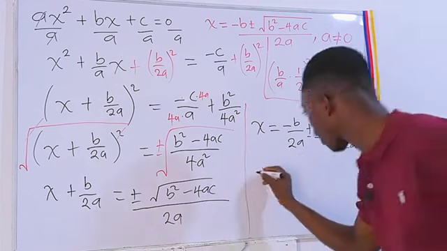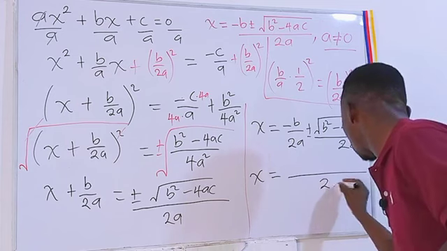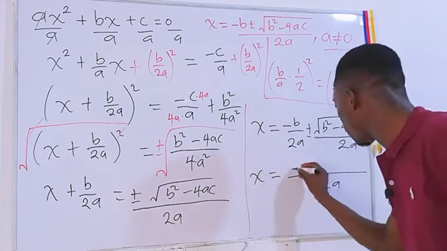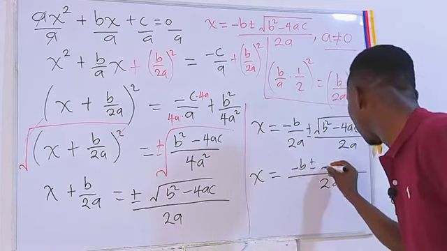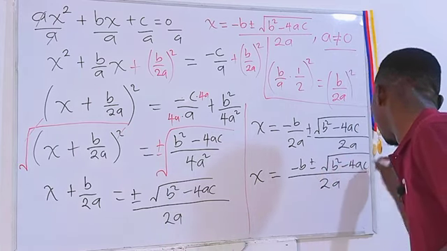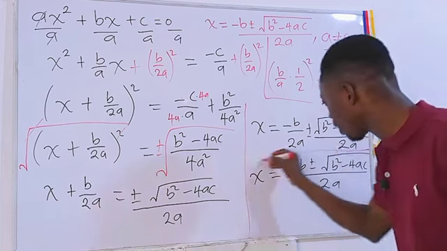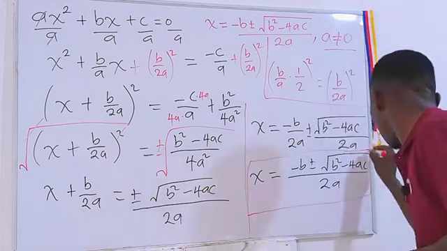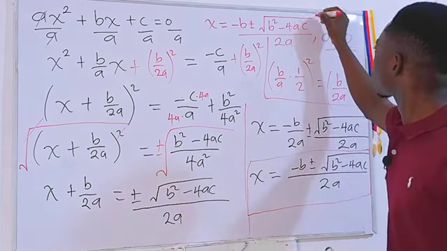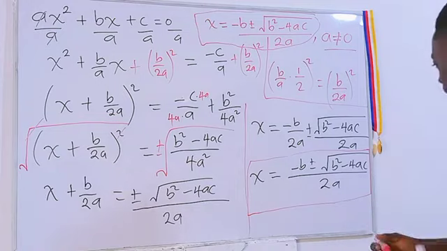Actually, we can write one of the denominators as the LCM, which is 2a. Then we have minus b plus or minus square root of b squared minus 4ac, just like this. And we can clearly see that what is here is the exact same as what the question is asking for. So I think that is pretty much it.